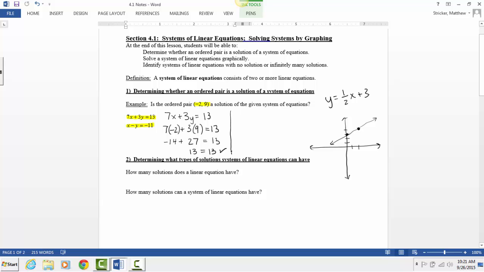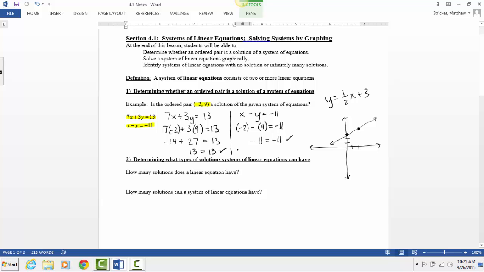Let's now check the second equation. We have x minus y equals -11. So I have -2 minus 9 equals -11. So really it's a -2 plus a -9, which is -11. -11 equals -11.